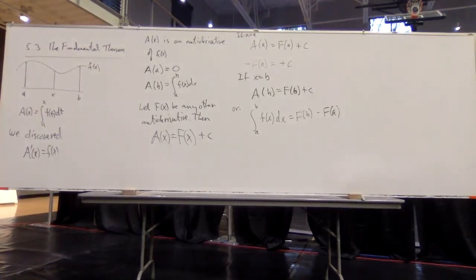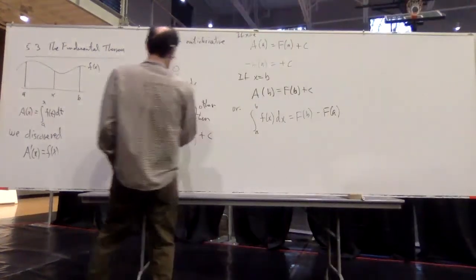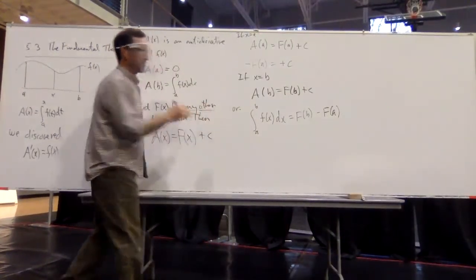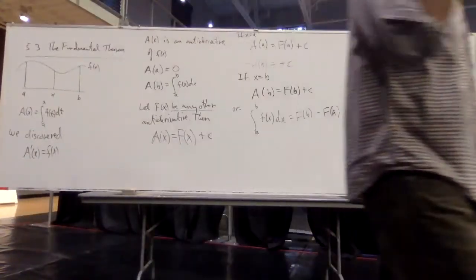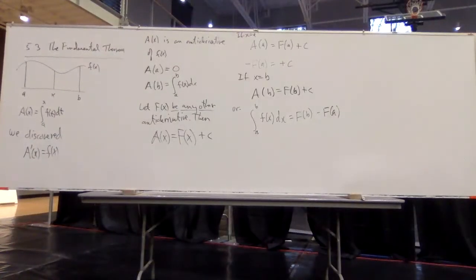But for big F, I didn't raise the bar super high here. I just said, find an antiderivative. Any old antiderivative will do the job, right? So to find the value of the integral, first I find an antiderivative. I can find any antiderivative I want. And then I do arithmetic. I plug in b, I plug in a, I subtract.